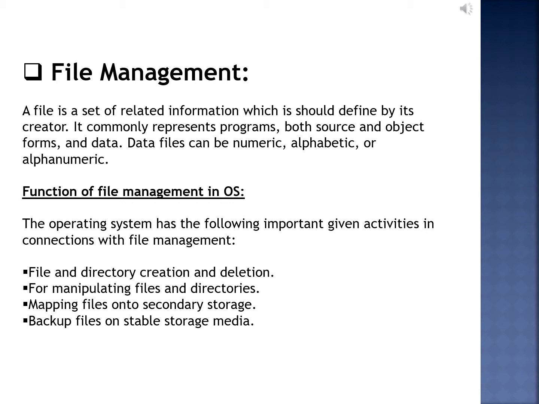The functions of file management in OS are file and directory creation and deletion, manipulating files and directories, mapping files onto secondary storage, and backup of files on stable storage media.